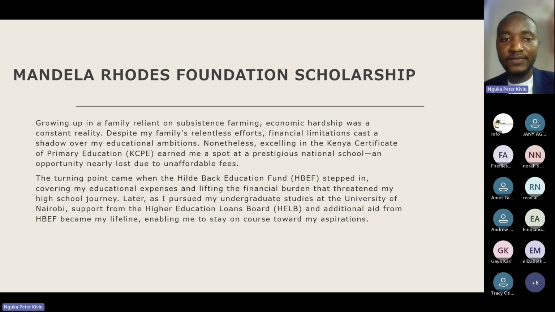And the Mandela Rhodes Foundation Scholarship aims to give an opportunity to those people who come from disadvantaged backgrounds. So it's important to know that this scholarship will mostly be about how this person was able to confront the challenges of accessing education. So that is very, very important to know.